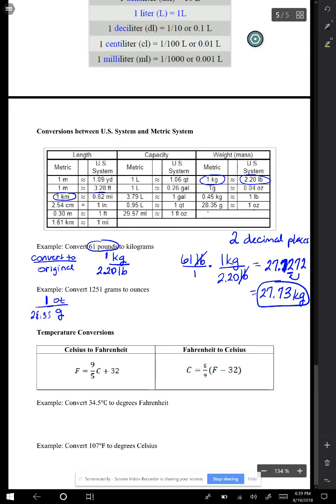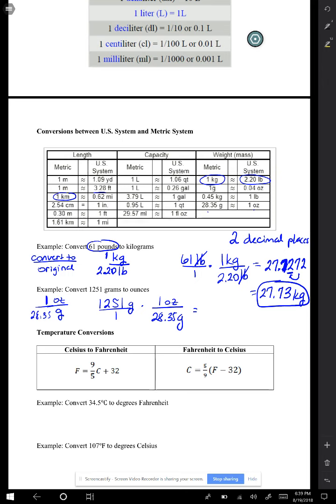When I do the conversion, I'm going to multiply 1,251 grams by 1 ounce over 28.35 grams. And we're going to do that division. And again, on all of these, you will just do the divisions, or if it happens to be a multiplication, you will do all of these on your calculator.